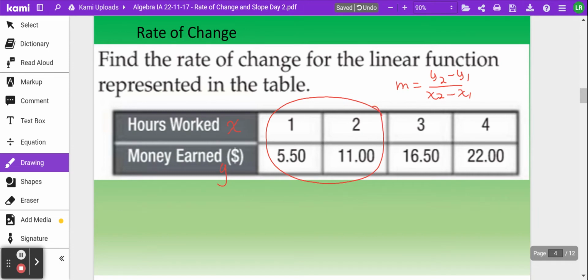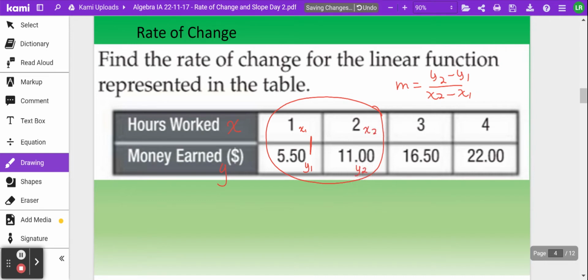And let's go ahead and label these. This is going to be my x1, this is going to be my y1. And this is where sometimes we make mistakes. These 2 go together: this is my x1, y1. This is my x2, this is my y2.